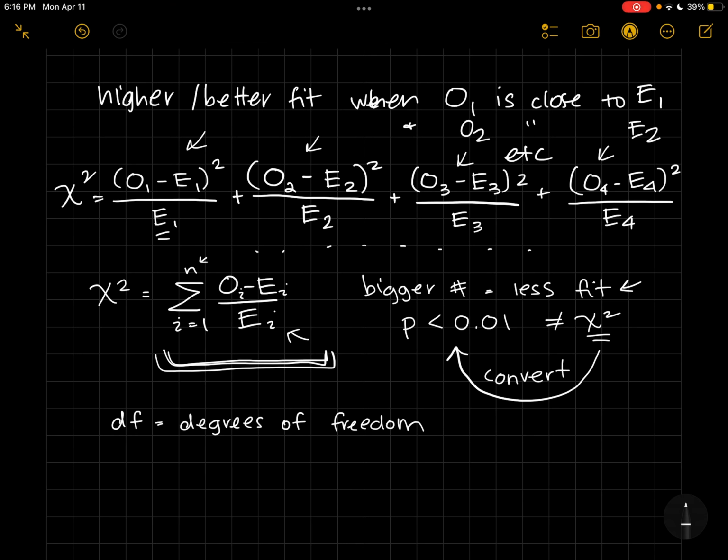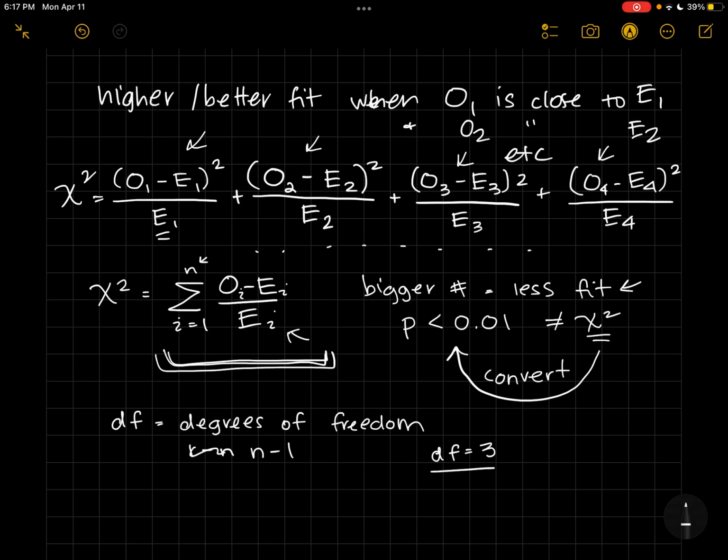And this makes total sense because you need to adjust for how many numbers you added together. So our degrees of freedom in this case is actually a little funny. It's going to be 1 minus n. So we're going to take our total number, excuse me, sorry, it's going to be n minus 1. 1 minus n would be like a negative number, right? So we have 4 here. So in this case, our degrees of freedom would equal 3.